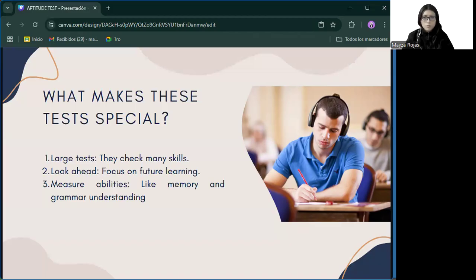Also forward-looking, they predict future learning ability, not past learning. And finally, they measure abilities. They check many things like memory, grammar skills, and sound recognition.